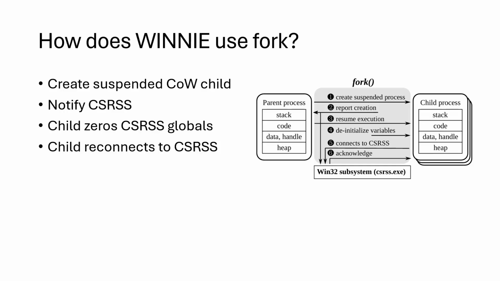Then step 3 is that the child becomes unsuspended. And then the 4th step, the child will zero out the global variables in the CSRSS inherited from the parent, and it'll continue to run then. And so the result from that is the child can run like nothing ever happened.